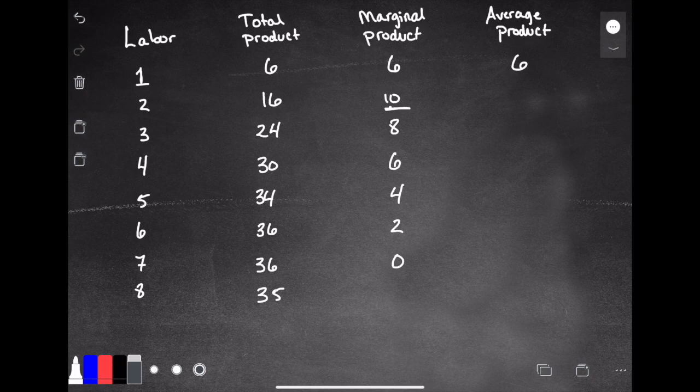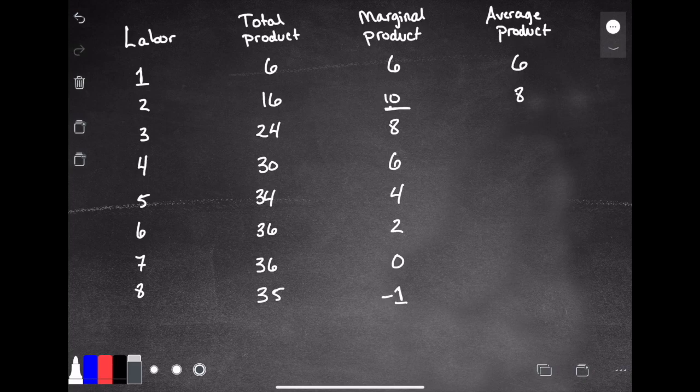Okay, and then notice with 8, the total product is actually starting to decrease because we produce 35 with 8 people, and we produce 36 with 7. So that means our marginal product would be equal to -1. Okay, and then average is a pretty straightforward thing to calculate. I'll just fill in the column here real quick.